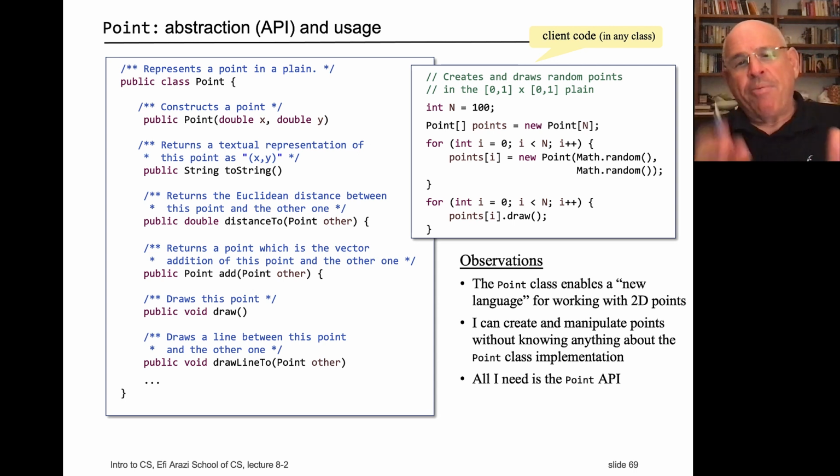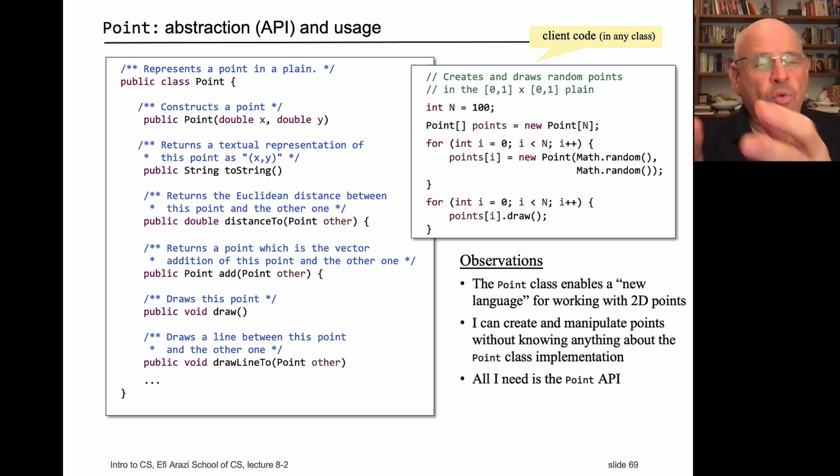And if the API is well designed and well documented, it will be very easy to write client code that creates and manipulates objects. If the API and the class are badly designed, as very often happens, it will be a nightmare to use the services of this class.